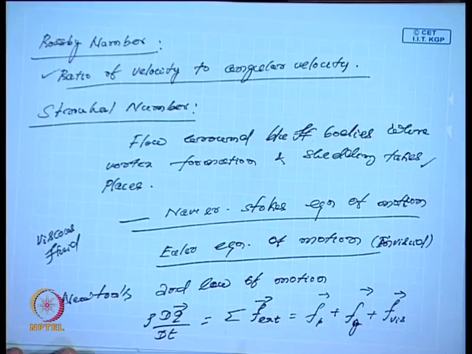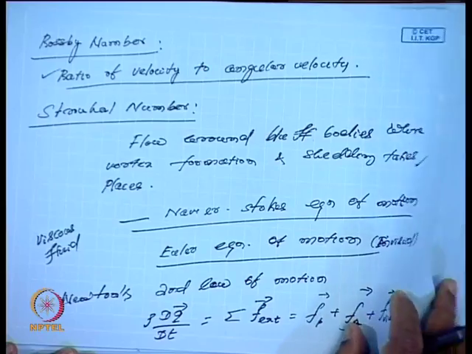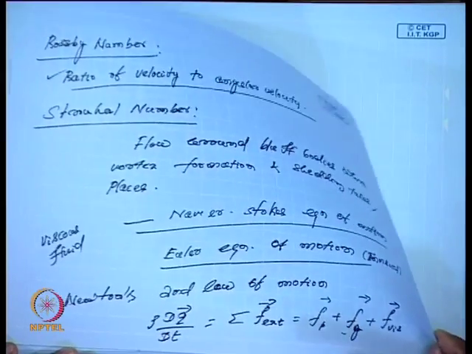So, these are the three forces: the surface pressure force, the gravitational force or body force, and the viscous force. This is important in the Navier-Stokes equation, but in the Euler equation the viscous force contribution will be negligible.